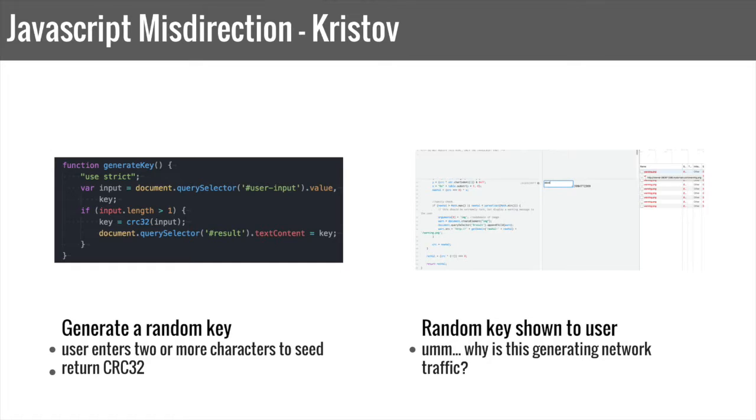The purpose of the contest is to gather submissions on people doing underhanded code, and the description of what people are trying to do is imagine you are writing some code that takes input from a user. They type something into a box, and you have some kind of function, let's call it generate key.